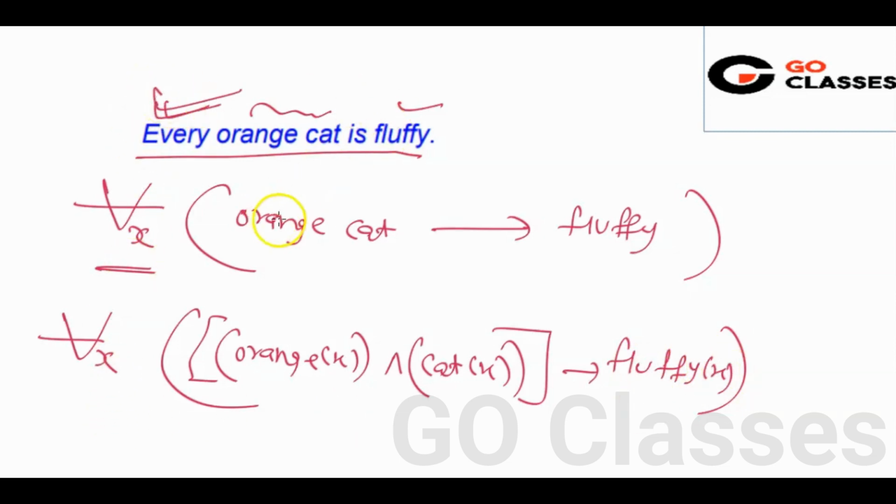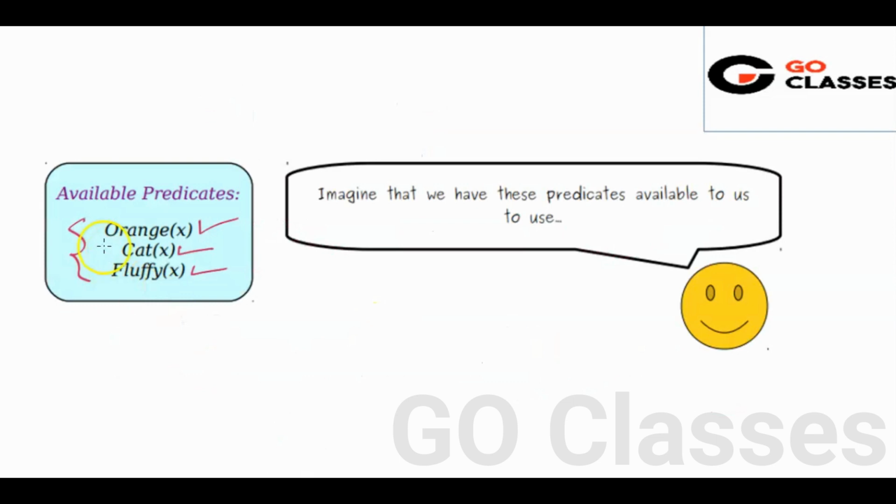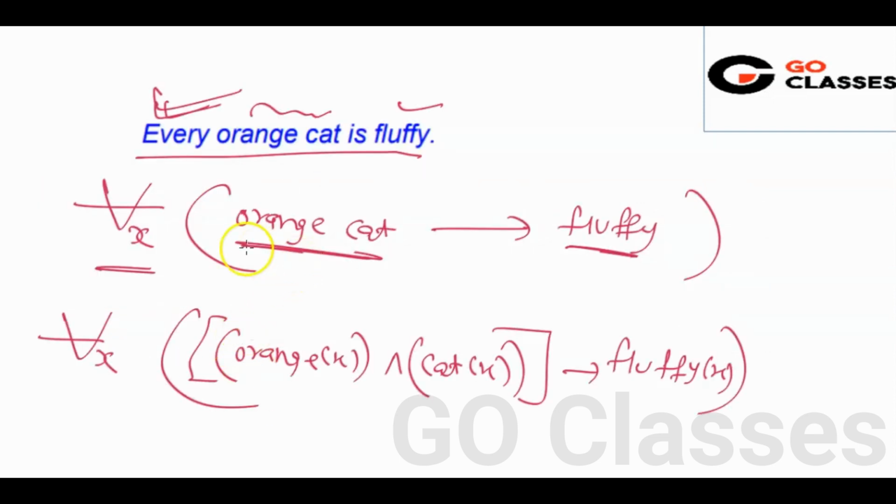Every orange cat is fluffy means for everyone we are saying that if it is orange cat, then it is fluffy. These are the predicates that are given: orange X means X is orange, cat X means X is cat, fluffy X means X is fluffy. So orange cat means it is orange and it is cat. So for everyone we are saying if it is orange and it is cat, then it is fluffy.